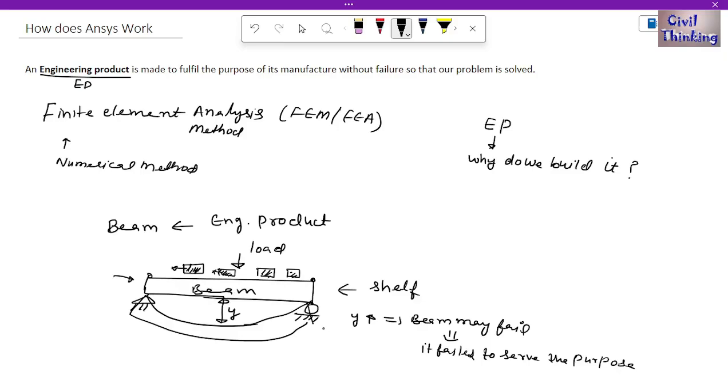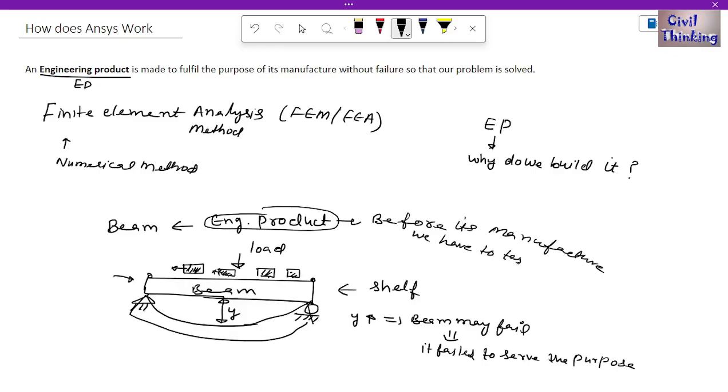So before constructing an engineering product, before it is manufactured, we have to test if it is strong enough to fulfill its purpose.